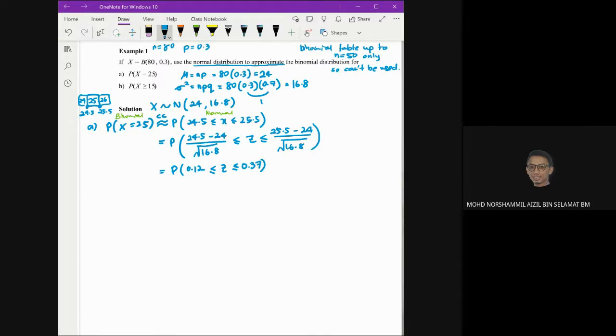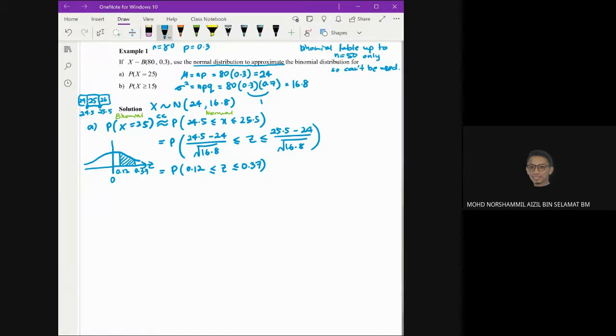Up to 0.37. Okay. So once we do have the Z distribution, we can sketch a little bit to improve our understanding for Z. As I told you before, for Z, our mu always 0. The middle part always 0. Okay, and then starting from 0.12, 0.12 somewhere here, up to 0.37 somewhere here. So we want this region, guys.